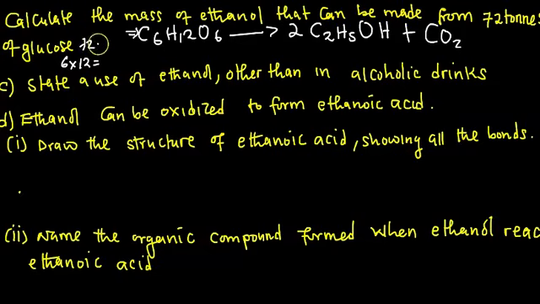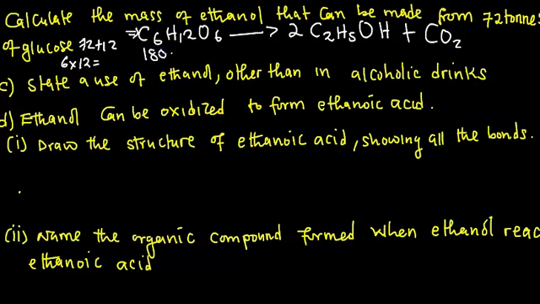Then plus hydrogen, which is 12, since hydrogen has 1 each. Then oxygen, which is 6 times 16, so 96. Now we can add 96 plus 12 plus 72, and this gives me 180.